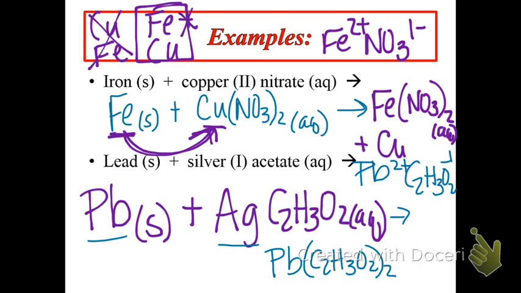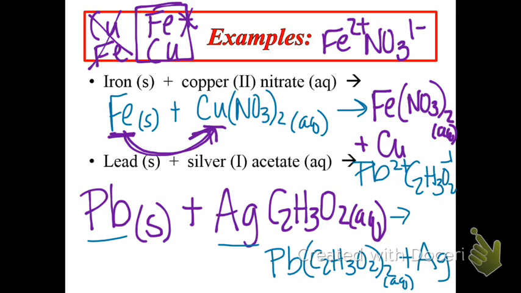Then you would look that up and determine if it's solid or aqueous. And then you just kick the silver out, so you would have silver as a product. So we need to look up, and lead acetate is aqueous.